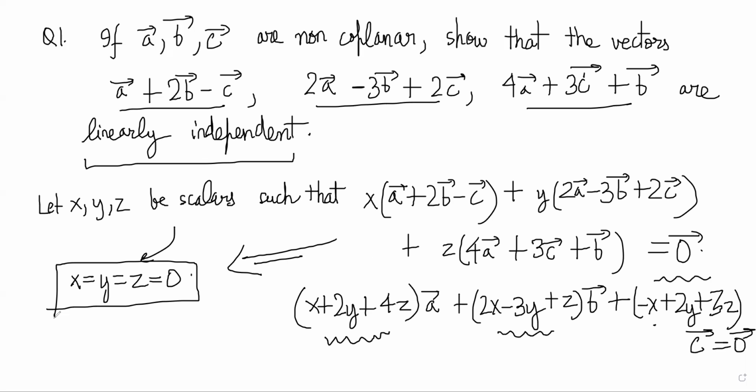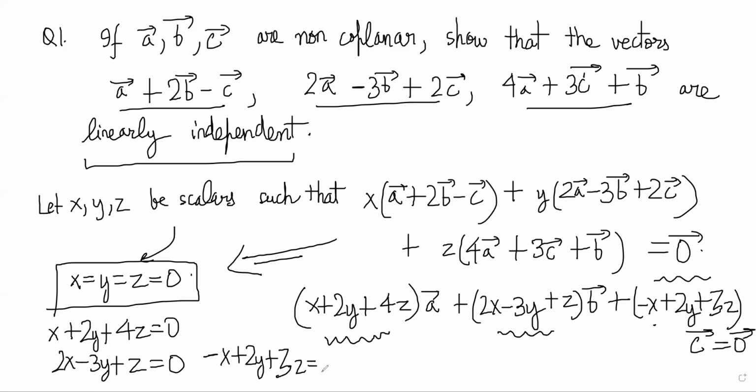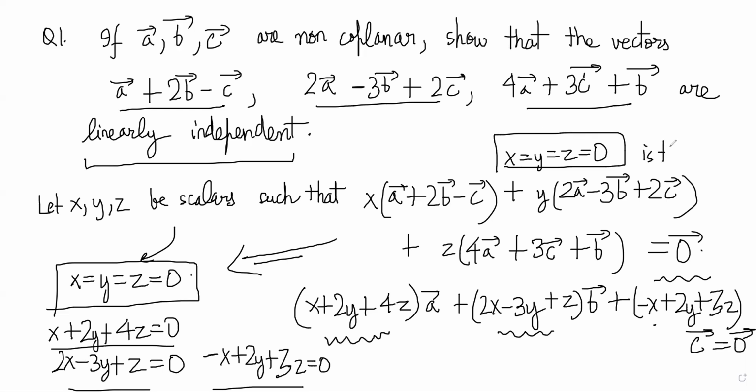So what we can do here is say x plus 2y plus 4z is 0, 2x minus 3y plus z is 0, and minus x plus 2y plus 3z is 0. If you solve these three equations, you will automatically get that x is equal to y is equal to z is equal to 0 is the only solution. And because that is the only solution, that is the only way in which you can combine these vectors and make it equal to a 0 vector, which means that these vectors are linearly independent.